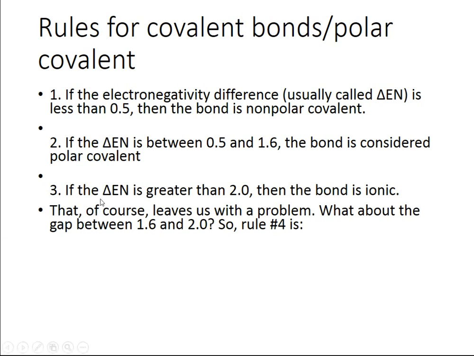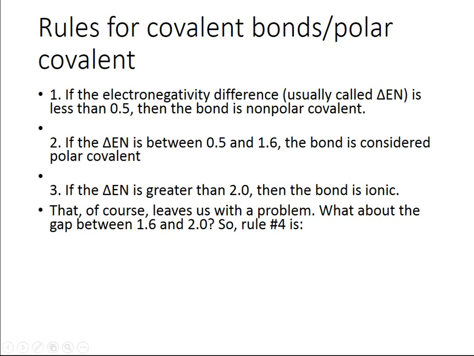If the change in electronegativity is greater than 2.0, then that bond is known as an ionic chemical bond. It means we have a total transfer of electrons from one element to another.